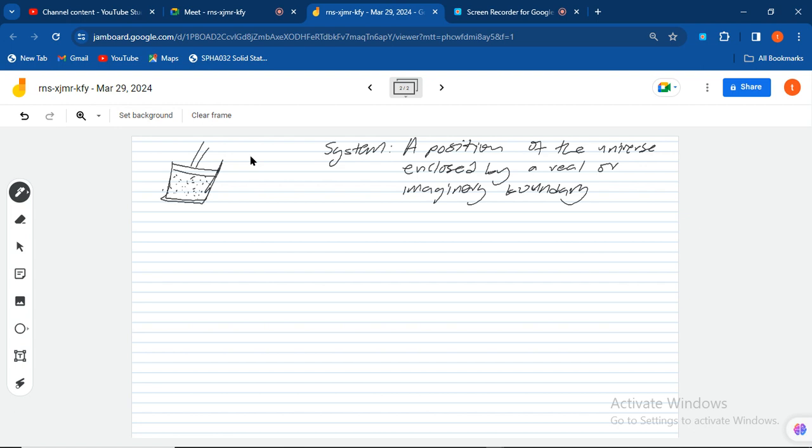There's a boundary in this system, and this one is our surrounding.